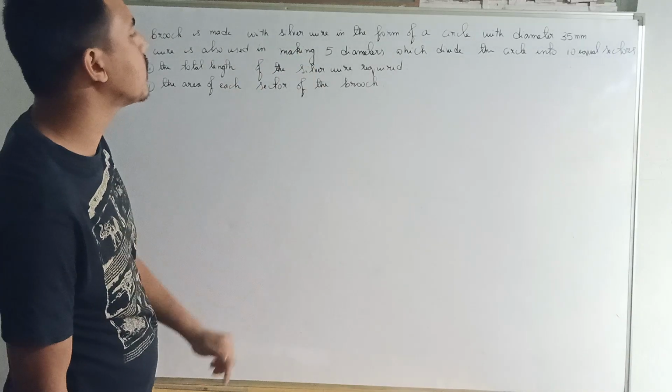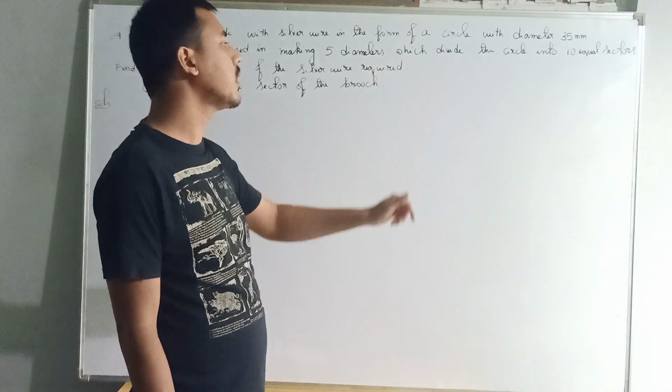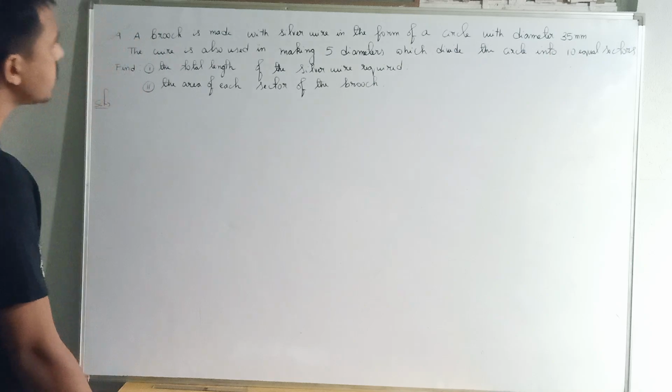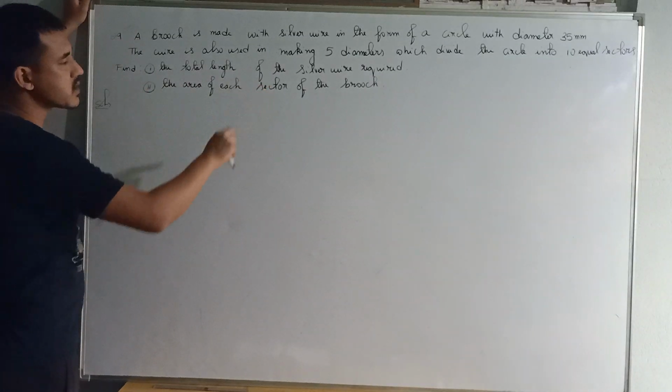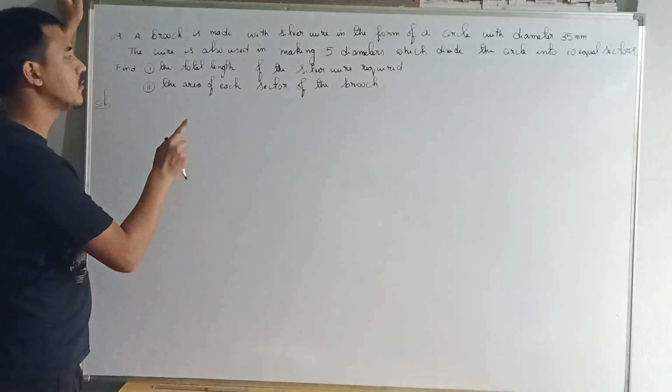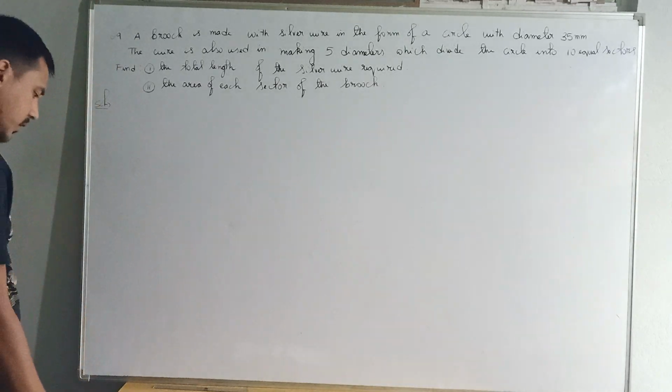The wire is also used in making 5 diameters which divide the circle into 10 equal sectors. You are asked to find the total length of the silver wire and the area of each sector of the brooch.